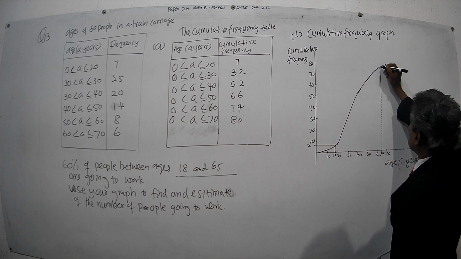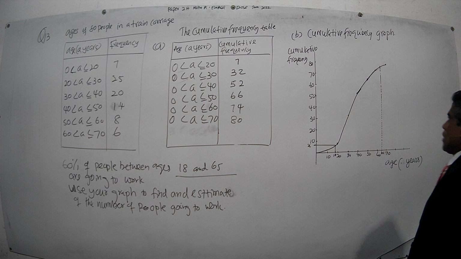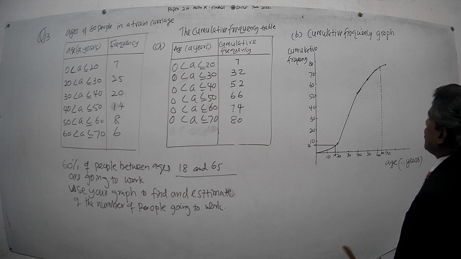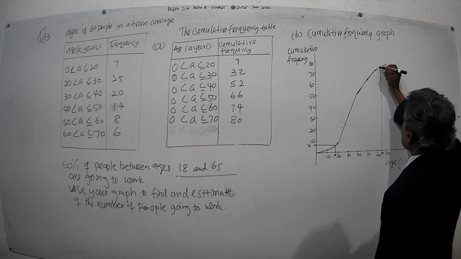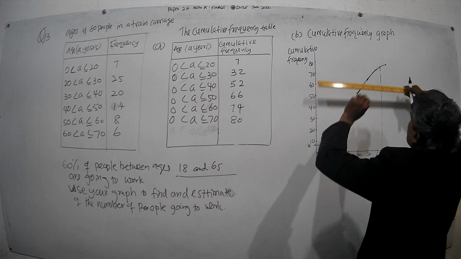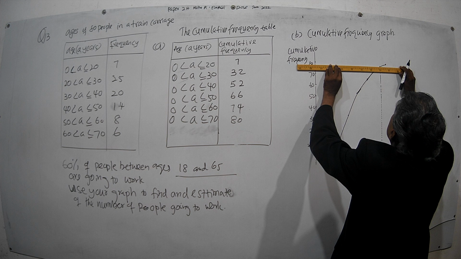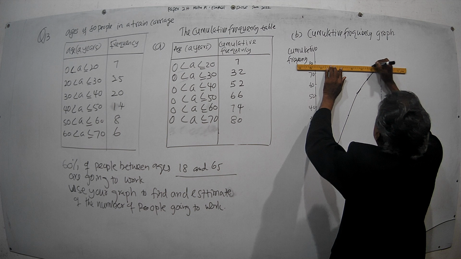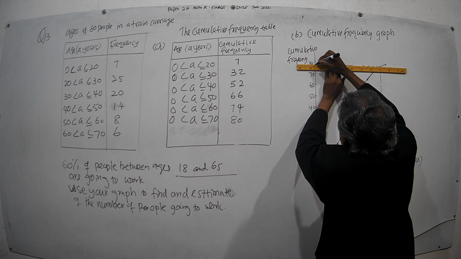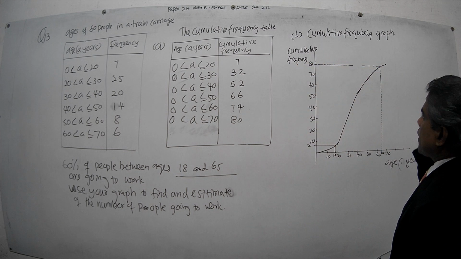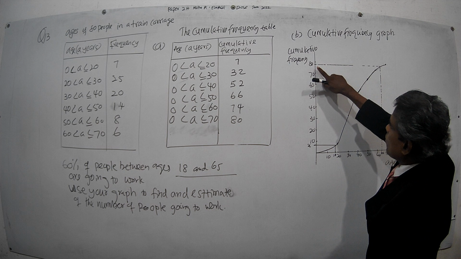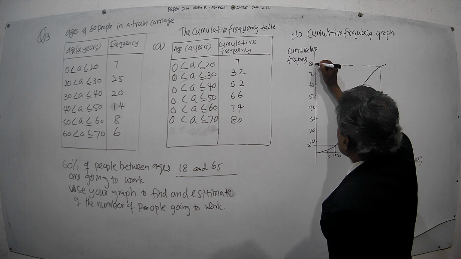Now I drew a vertical line from 65 to meet this cumulative frequency graph. It intersected the cumulative frequency graph here. Now I drew another straight line horizontally from this point of intersection to the cumulative frequency axis. Now that horizontal line intersects the axis at this point.